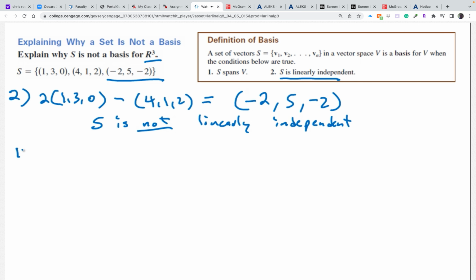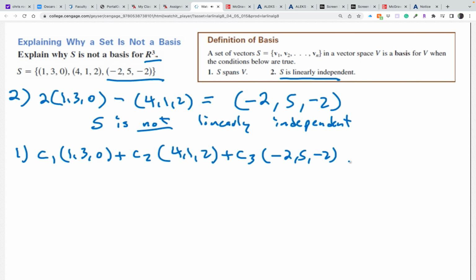But if we take a look at the first condition, we would have to say that if we look at a constant c sub 1 times the first vector, plus a constant c sub 2 times the second vector, plus a constant c sub 3 times the third vector, and we set that equal to the vector containing all zeros, then if we have a non-trivial solution to this, we'll have something that will not span V.